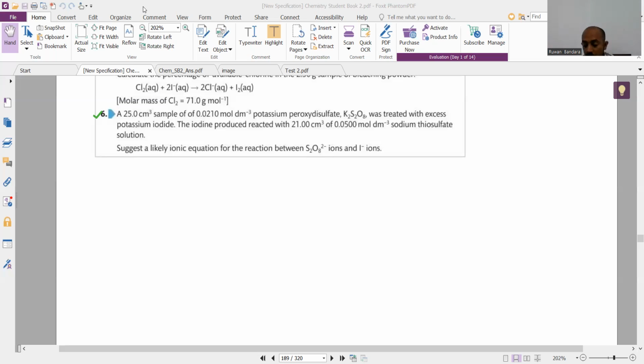Likely ionic equation for this reaction, please? Ah, yes. What is the ratio? At least, can you tell me the ratio then?